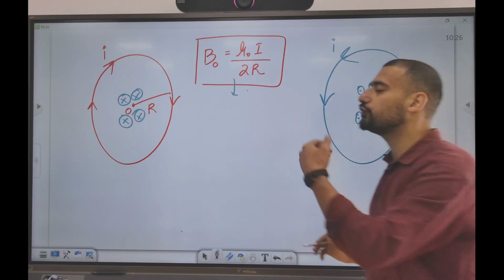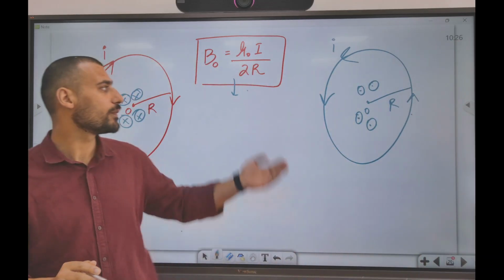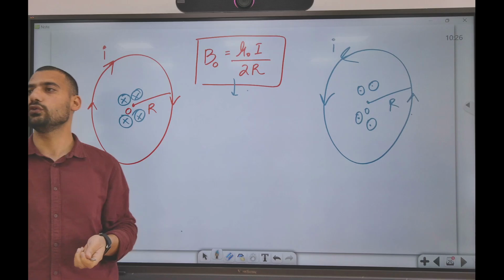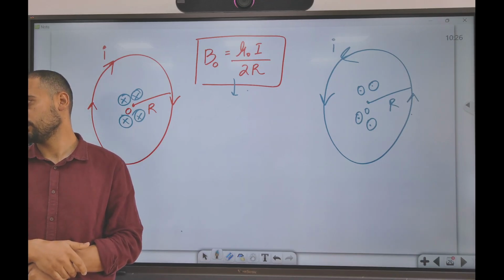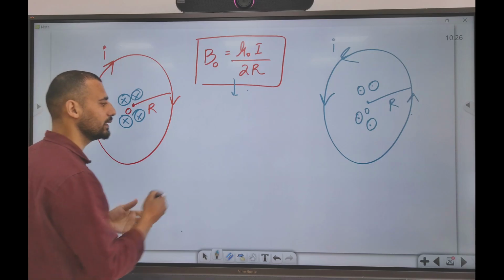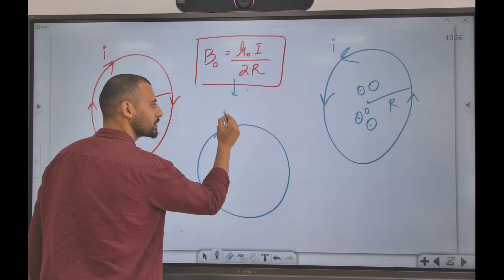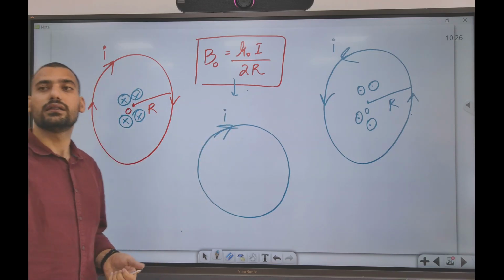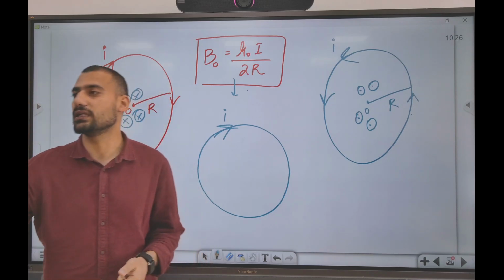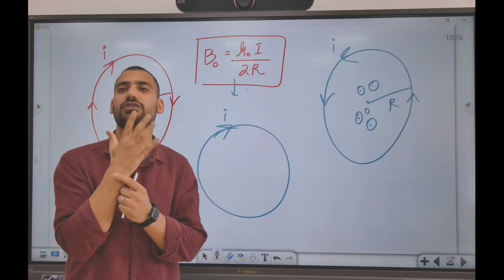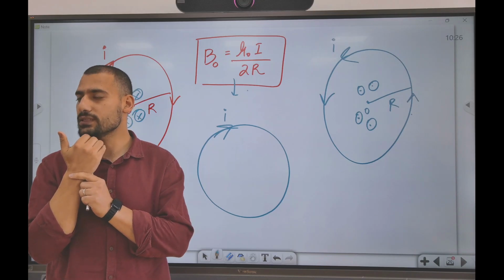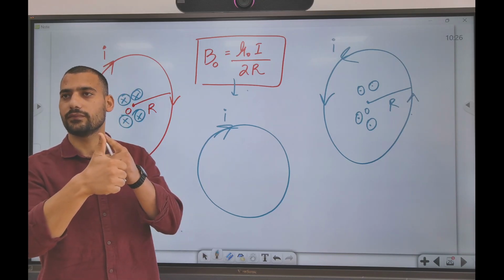So, in order to find the direction in case of circular loops, I will give you one better method. If the current is flowing in clockwise direction, for example, then the right hand rule that you have already studied has to be used in the reverse order. Reverse means, what was the current and what was the direction in the right hand rule?